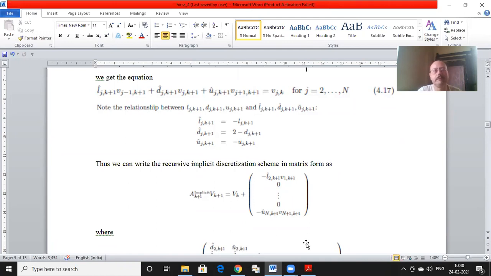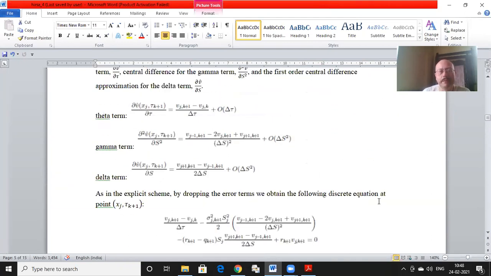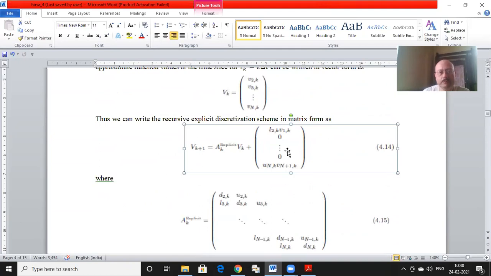So can you just check? Because the same problem happened in the explicit discretization also, that there was some order confusion.